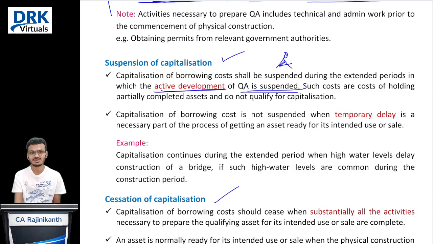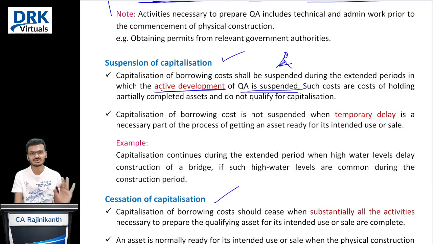For suppose the labor force, workforce don't come on Sundays or festival days for the work. That is normal, correct? Because of that, active development of the qualifying asset is not interrupted. In that case, whatever interest cost is related to Sundays or holidays, that should be capitalized. We need not charge to profit and loss account. Okay. Similarly, in construction in progress, for some constructions, during the construction period, for 5 days or 1 week or 15 days or 1 month, we should not do anything.